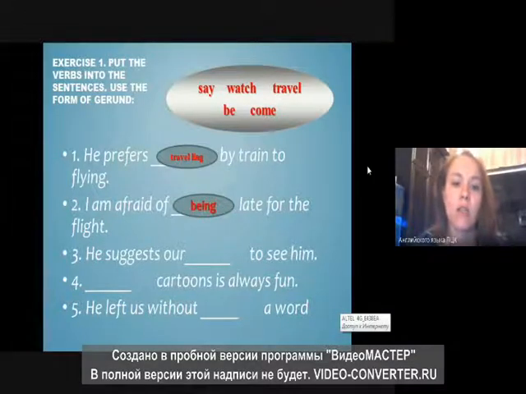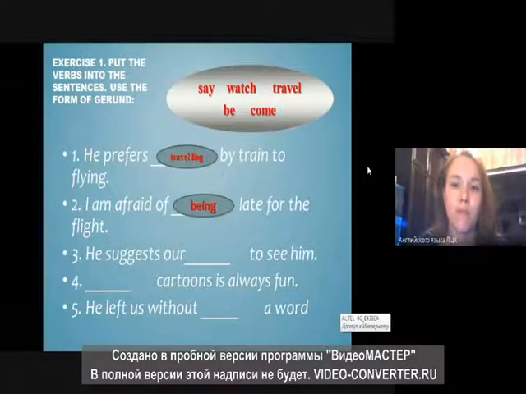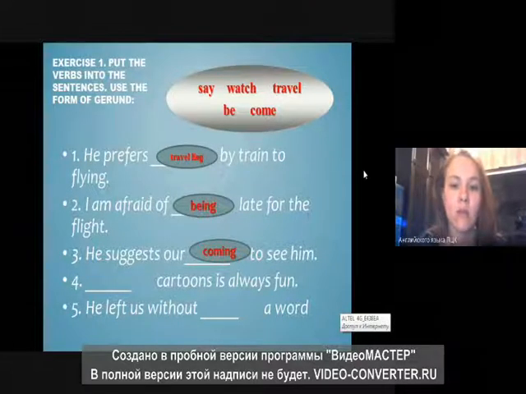Number 3: he suggests our to see him. The right answer is coming. He suggests our coming to see him. Cartoons is always fun.